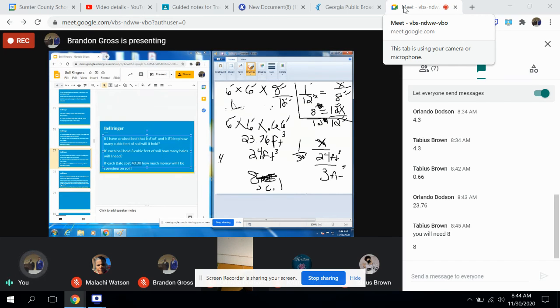So it'll be $40 times 8 equals what? $320. Thank you. So to fill our raised beds, we're going to spend a big fat 320 buckaroos.